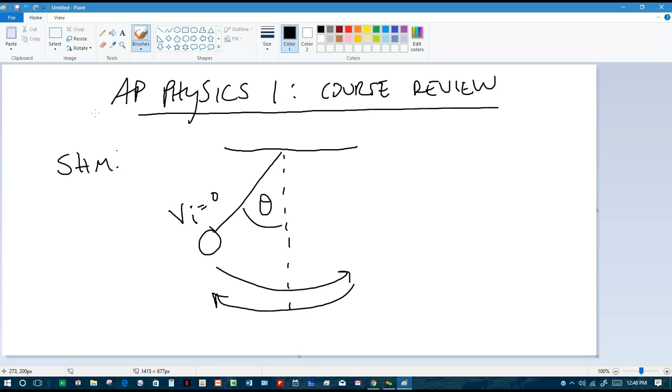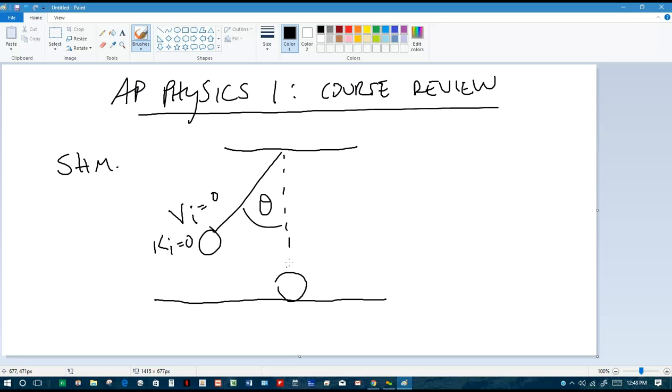Some of the main concepts that are important in this picture are energy concepts. The initial kinetic energy would be 0 because it's not moving. And if it's going to swing down to, let's say here, the lowest position, all of its initial energy is potential energy.